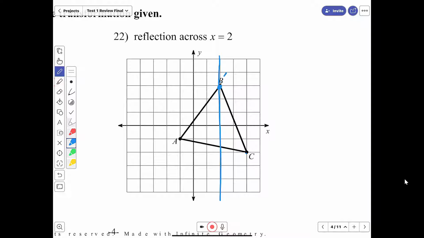C is 2 units away, to the right of the mirror, so I'm going to go left 2 units, so that's C prime. A is 1, 2, 3 units left of the mirror, so I have to go to the right, 1, 2, 3. So there's A prime. Connect the points, and there's your reflection.